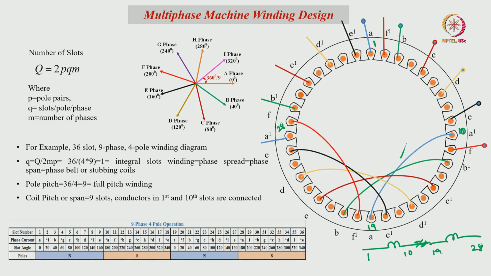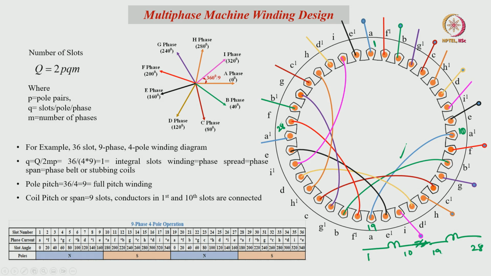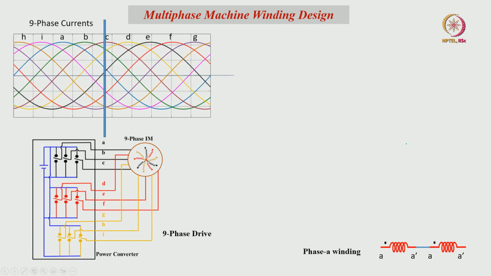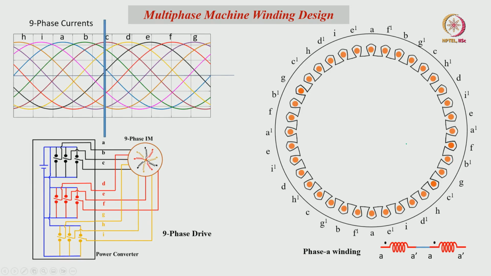Like this, all coils are placed with 40 degree displacement, and now we will analyze how the flux lines are forming. So, this is the A phase winding. The 9-phase currents are shown here, and we generate these 9-phase currents by utilizing the 9-phase machine along with the 9-phase drive.